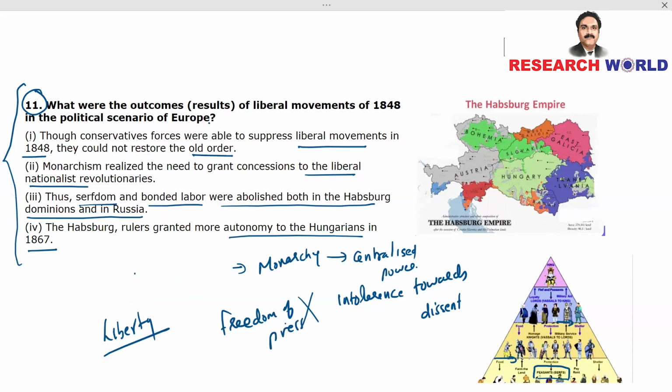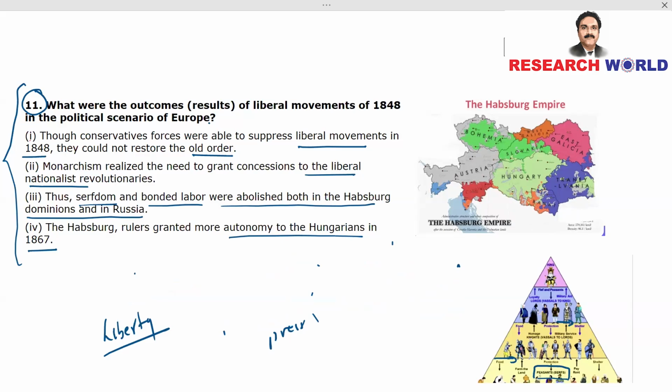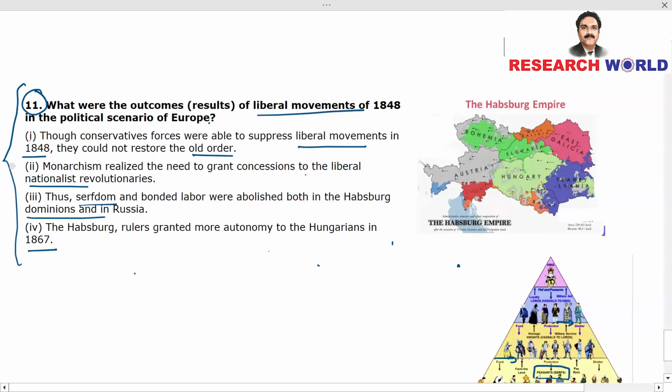But after 1848, these forces, that is, the conservative forces, realized that they can't go back to the old order because Europe has changed a lot under liberal movements. Monarchism realized the need to grant concessions to the liberal nationalist revolutionaries.